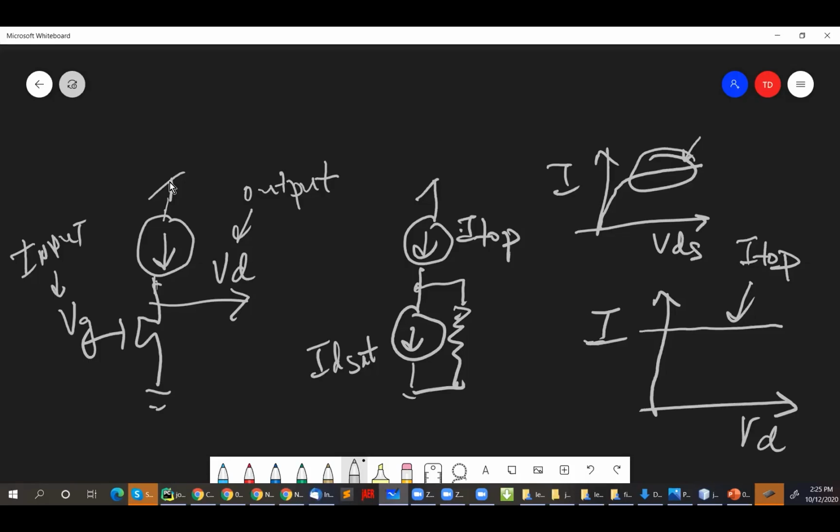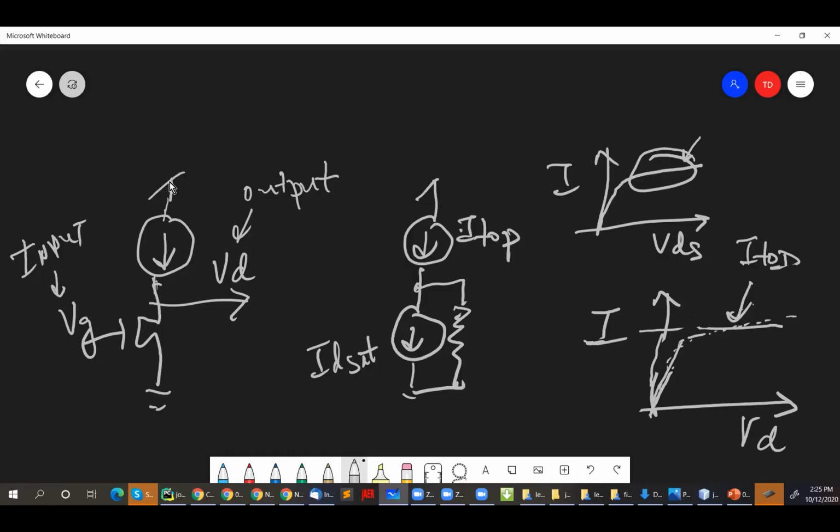If we're assuming a particular VG, then you're going to get something that goes like this. Actually, it should be more on the flat side, so let me redraw this a bit. It should be going up and then saturating, so maybe like that.